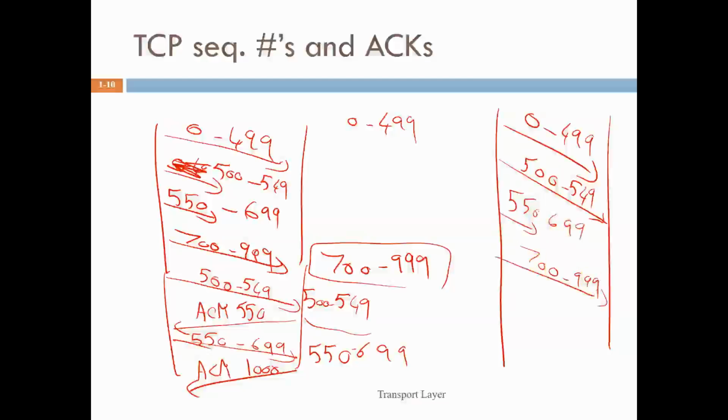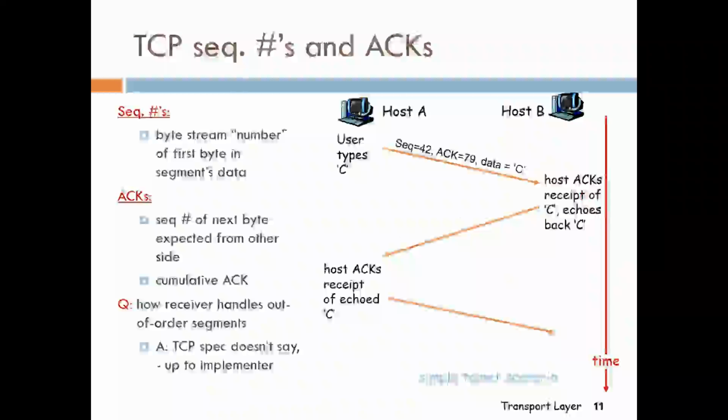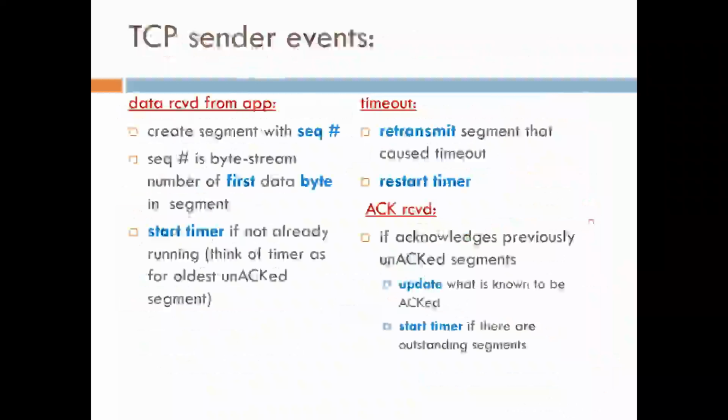Now, when B receives the first two segments, it will respond with acknowledgement 550. It's important to note that the acknowledgement is always for the next byte that B is expecting in the right order.